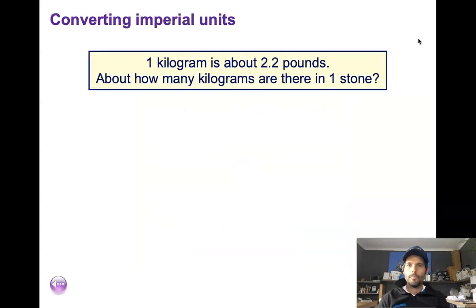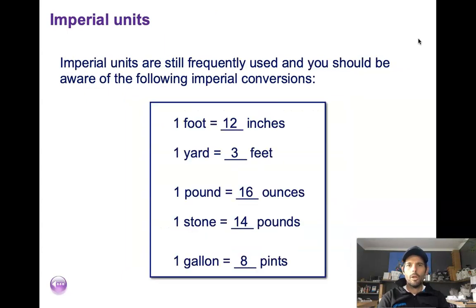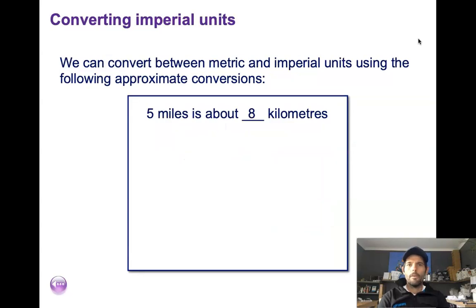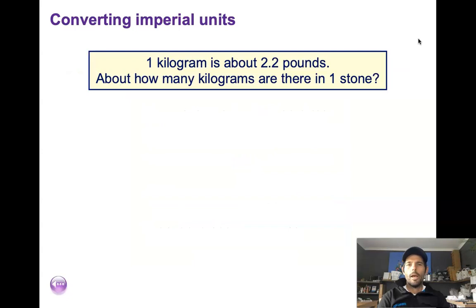So if 1 kilogram is about 2.2 pounds, how many kilograms are there in 1 stone? If we have a look at this, 1 kilogram, 2.2 pounds. If we go back and look at the stones, there are 14 pounds in a stone. So how would we work out how many kilograms in 1 stone?